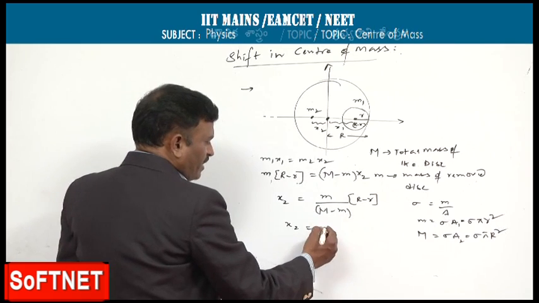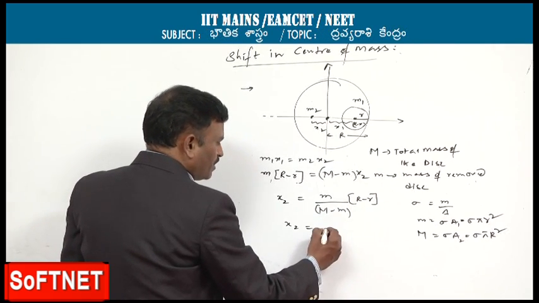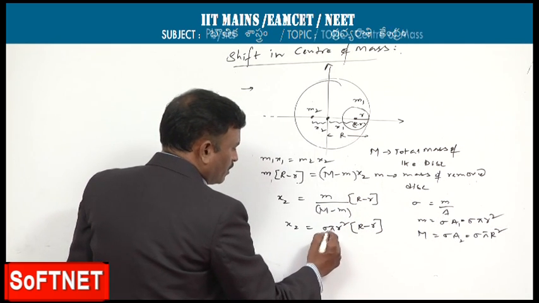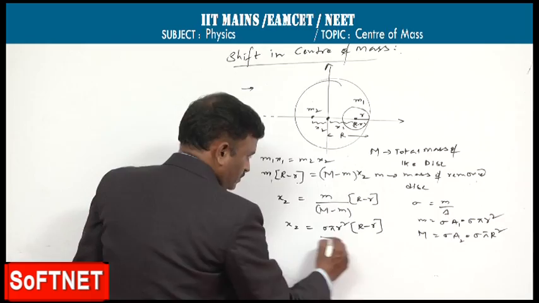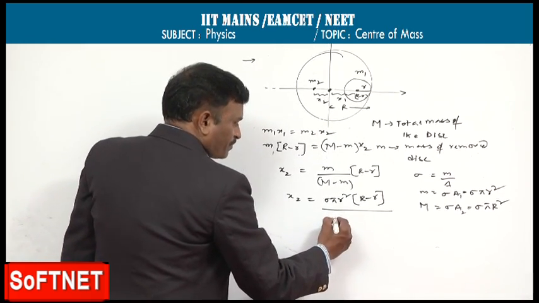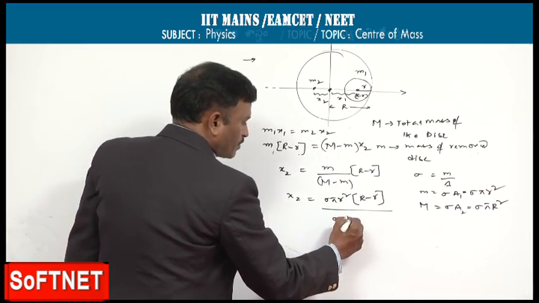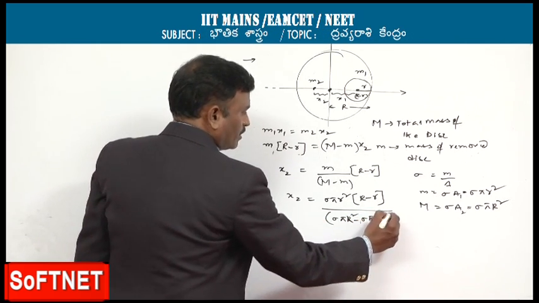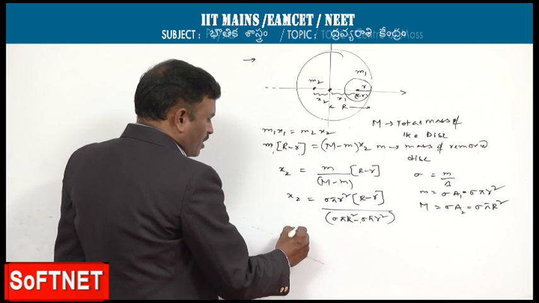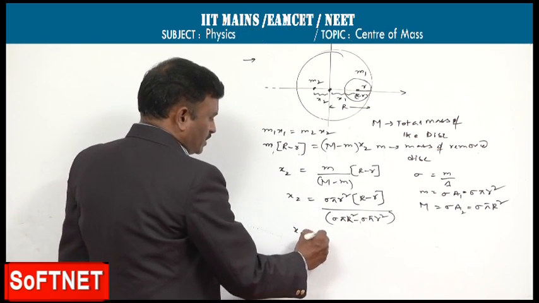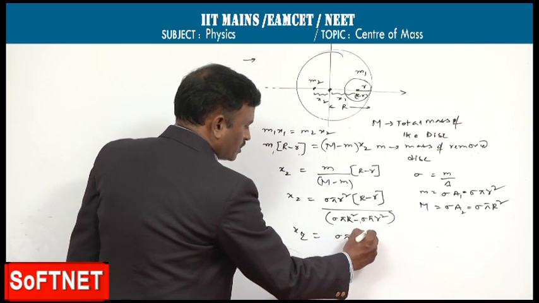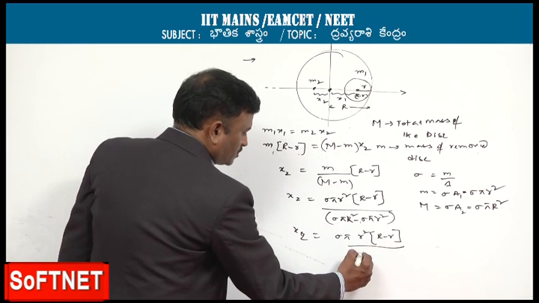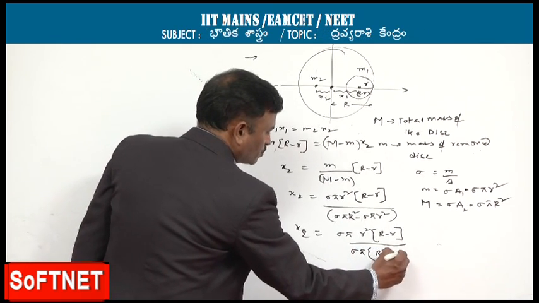So we will substitute the values of small m and capital M. x2 is sigma into pi small r square into capital R minus small r, divided by sigma into pi capital R square minus sigma into pi small r square. By taking common, x2 equals sigma pi r square into capital R minus small r, over sigma pi common, capital R square minus small r square.